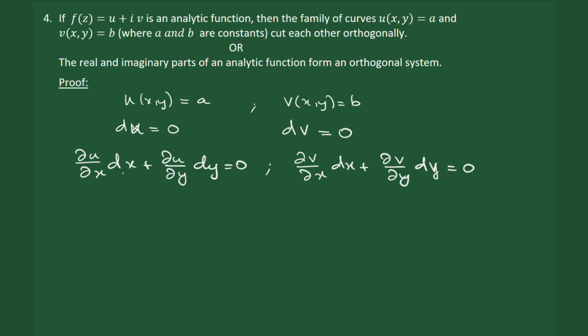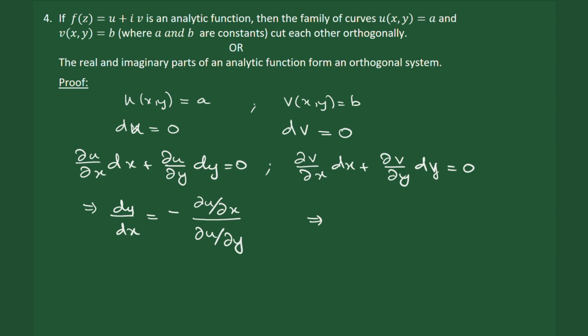So from these two equations, we can write dy by dx. From the first equation, dy by dx can be written as minus dou u by dou x by dou u by dou y. If you take this term to the right side, it becomes minus of this.